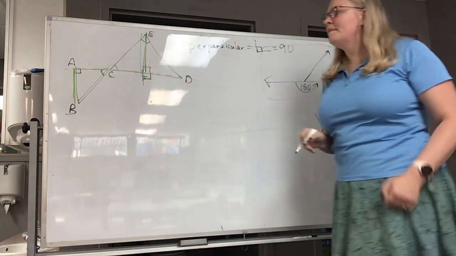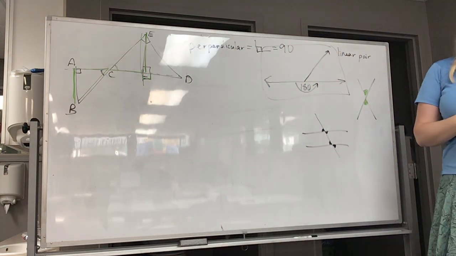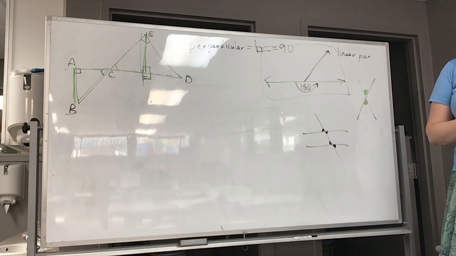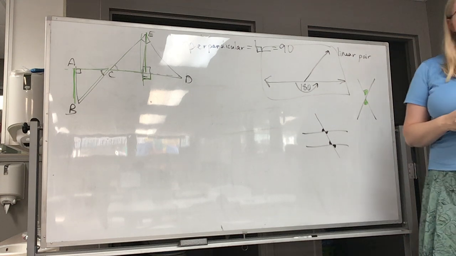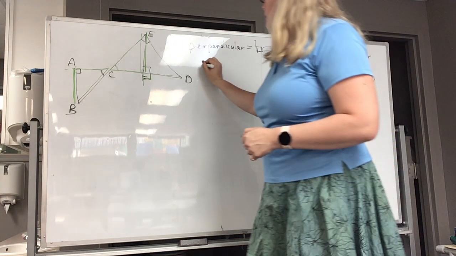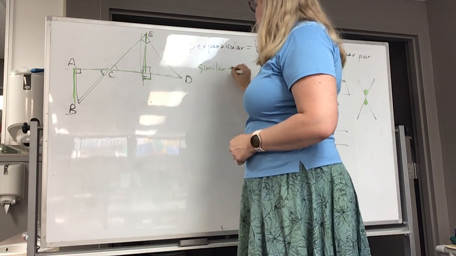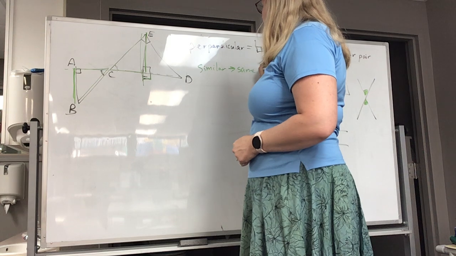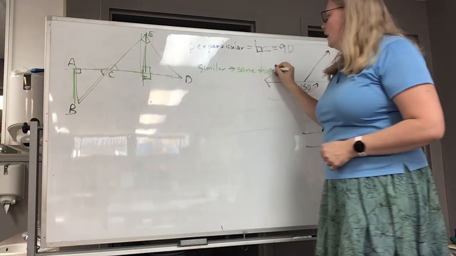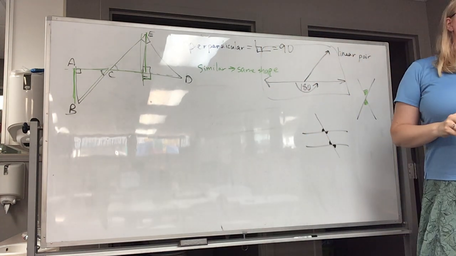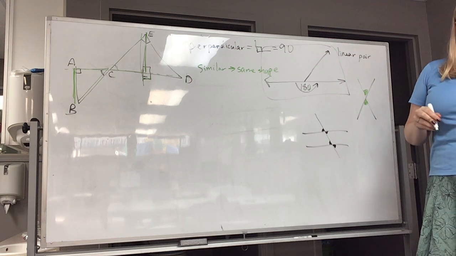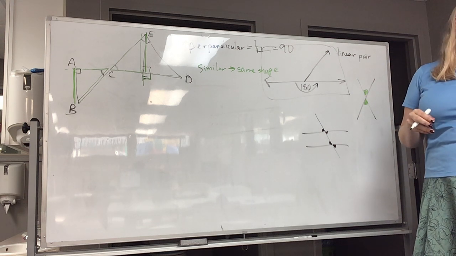So that's jumping ahead a little bit. To be similar, it means that it's the same shape. It could be a different size, but we know that it's the same exact shape.